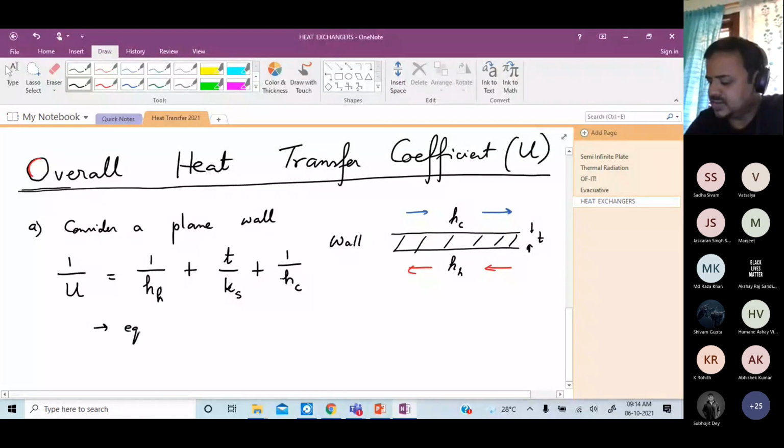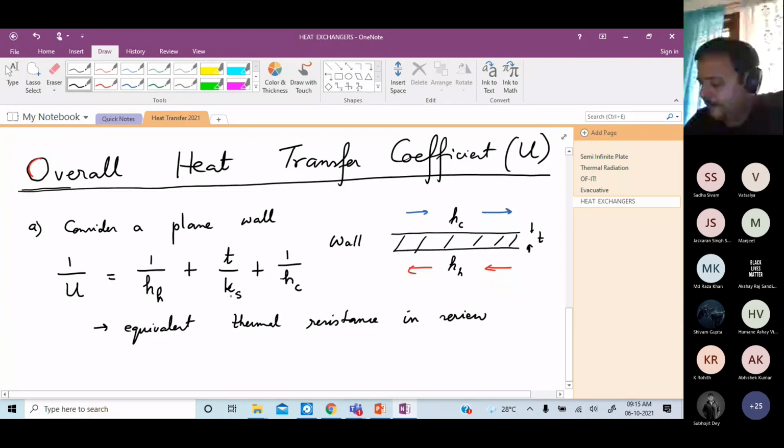So pretty much this is equivalent, and since it's a plane wall, the areas are all the same.